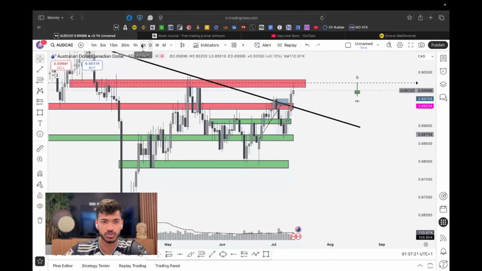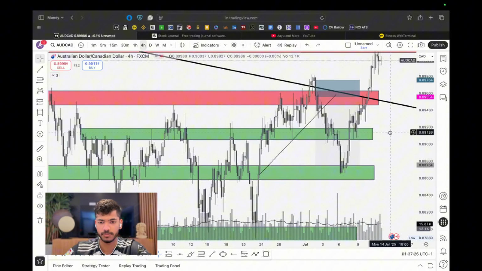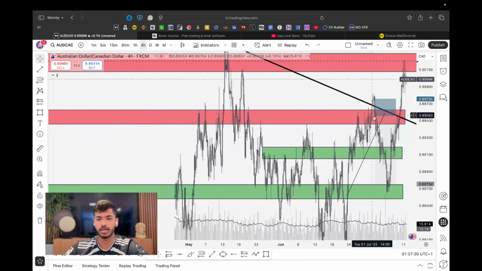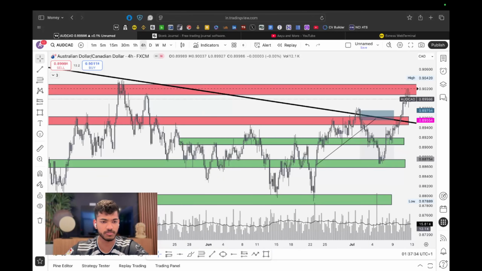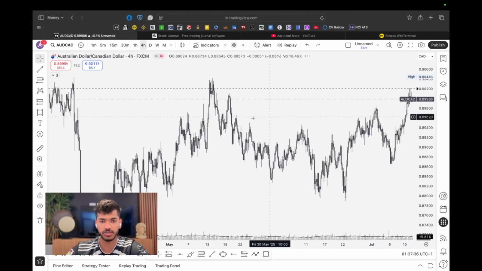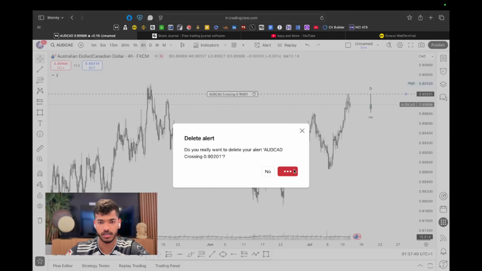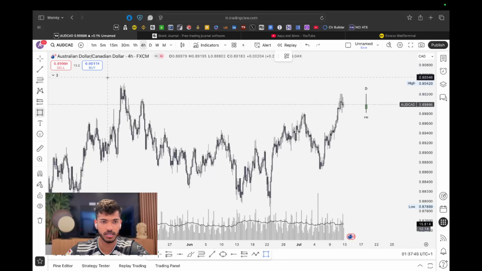So let's go to a smaller time frame, that is your 4 hours, and this is basically the trade I took, but I'm explaining why did I take it, right? I'll just clear everything out. I'll delete this as well. I'm planning to take another trade in this.